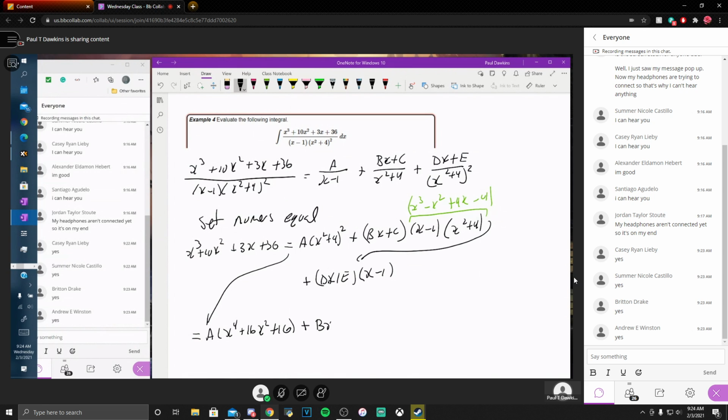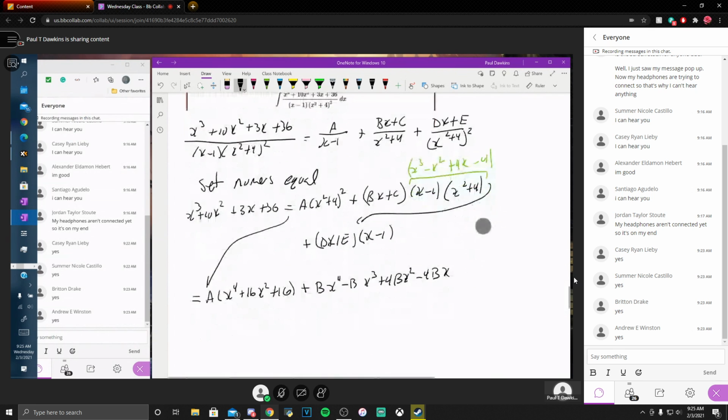So b x to the fourth minus a b x cubed plus 4bx squared minus 4bx, I guess. That look right? I agree. That looks right.